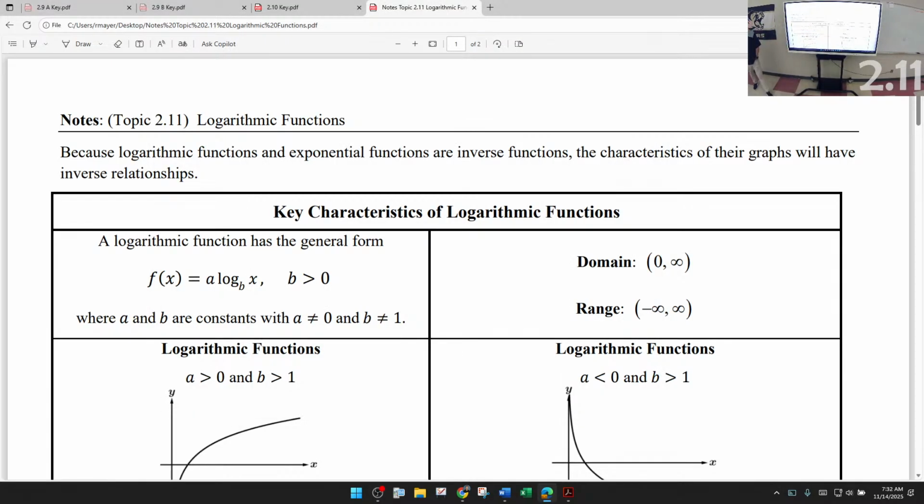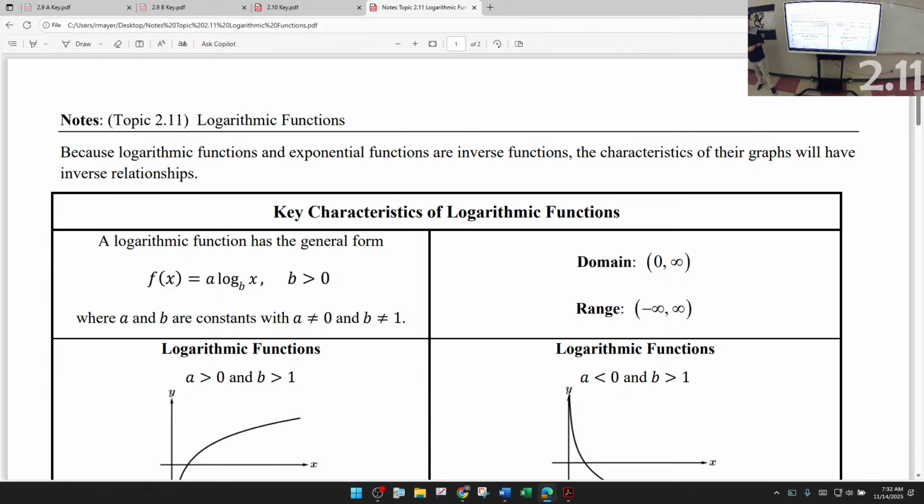Logarithmic functions, 2.11. Because logarithmic functions are inverses of exponentials, the characteristics of their graphs will have inverse relationships.